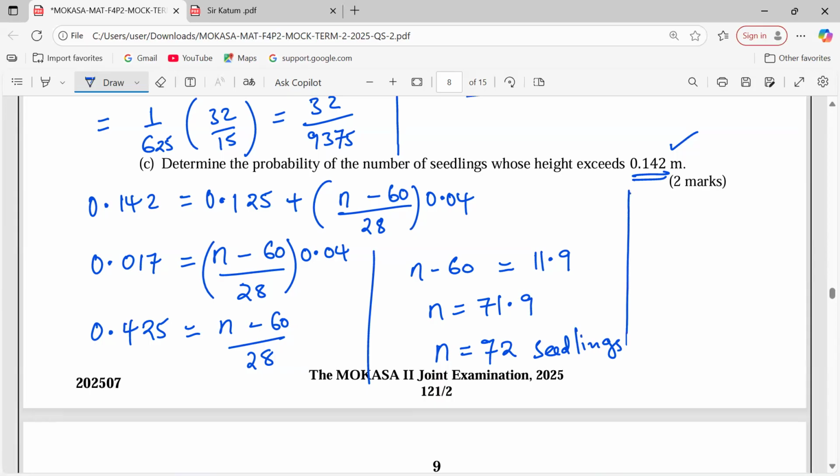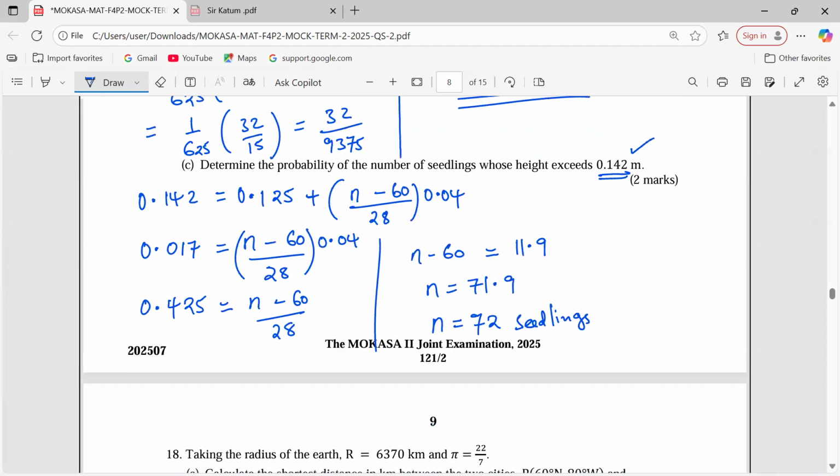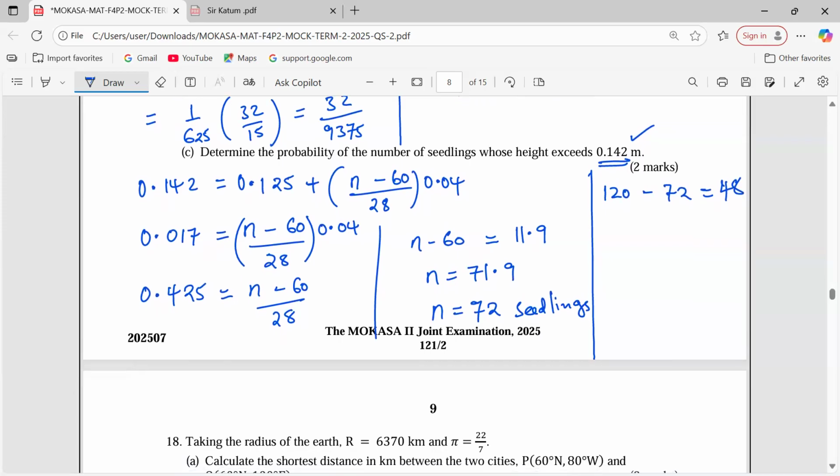Therefore, if that is the number of seedlings between 0 and 0.142, then the ones above that shall be total 120 minus 72, giving us 48. So 48 of the seedlings are the ones above 0.142, meaning that we can now find the probability, and it shall be 48 out of 120.